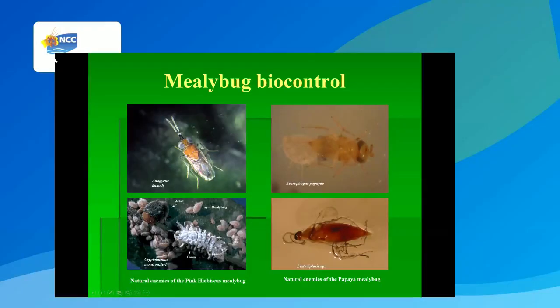So as I said, these have brought those two pests under excellent biological control, and most of the time you do not have to do anything to control them. These little creatures do it for you. Next slide, please.